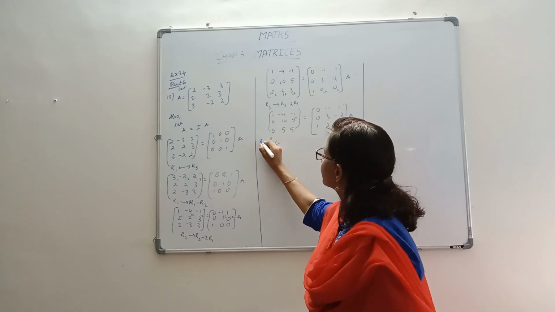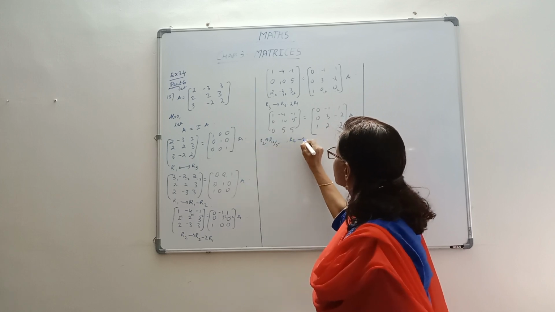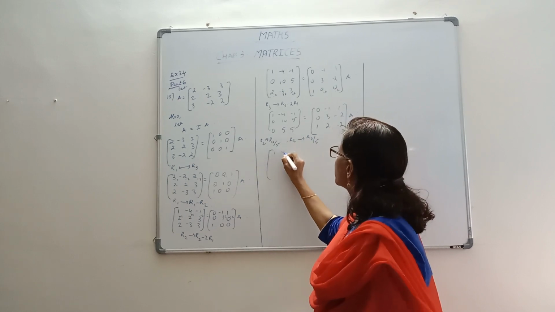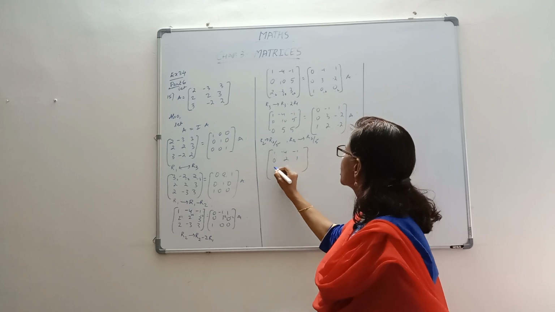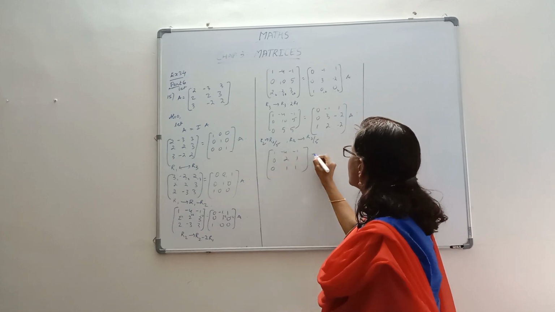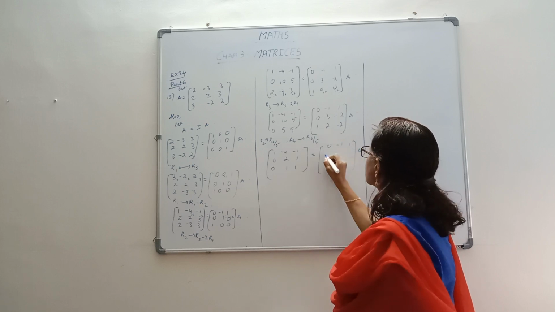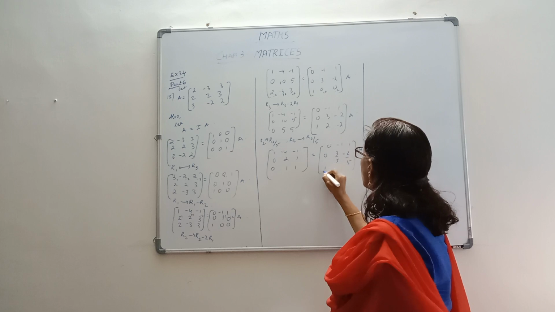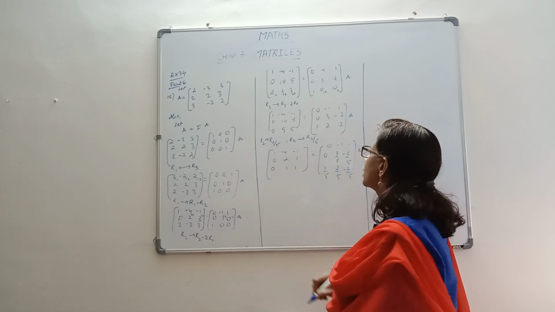R2 divided by 5 and R3 also divided by 5, right? So it is 1, minus 4, minus 1, 0, 2, 1, 0, 1, 1, and here 0, minus 1, 1, 0, 3 by 5, minus 2 by 5, 1 by 5, 2 by 5, minus 2 by 5, right?